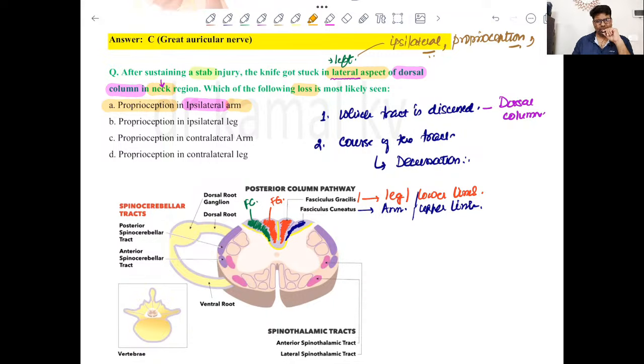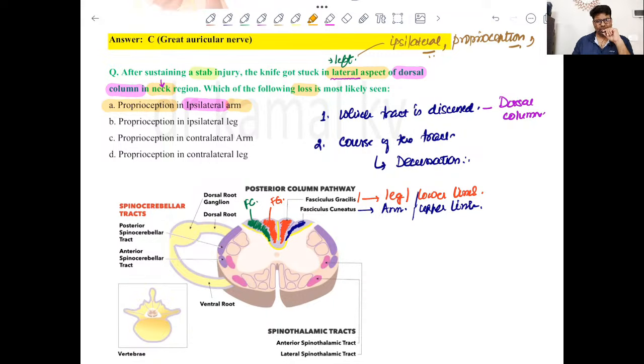And there is one more important point which I want to tell you in relation to the deep peroneal nerve, that it supplies a very small area here, right? This is the dorsum of the first web space, and this is the point where the deep peroneal nerve gives sensory supply.